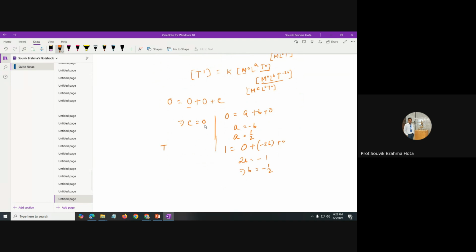T is equal to K, because M doesn't have anything, so M raised to the power 0. But you do have dependency with this length. Length having L, B is minus half, and T actually having... just a second.